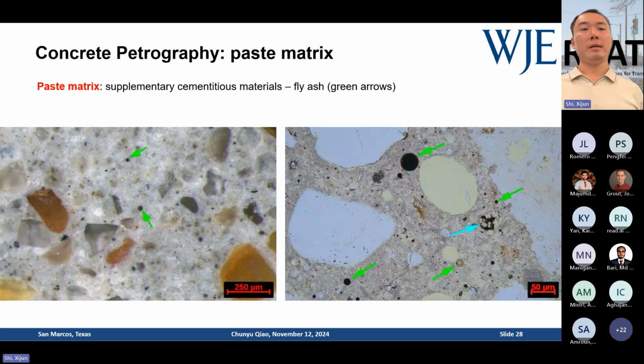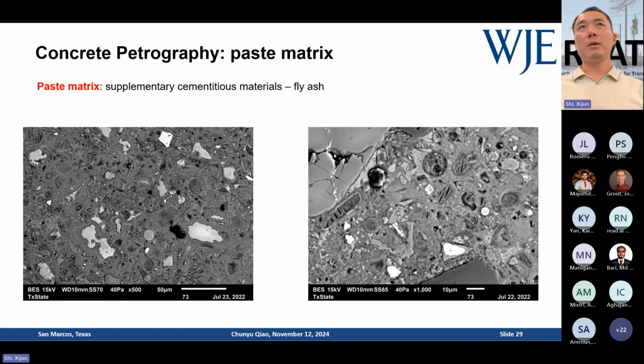Again, as I said, we can look at the fly ash, right? We can look at the SCMs. So the green arrows are just pointing to the fly ash particles. With SCMs, we can use SEM to look at the details or even the composition of the fly ash. So here on the left, that's a mix with Portland cement and fly ash. You see those bright particles embedded in this dark gray matrix.